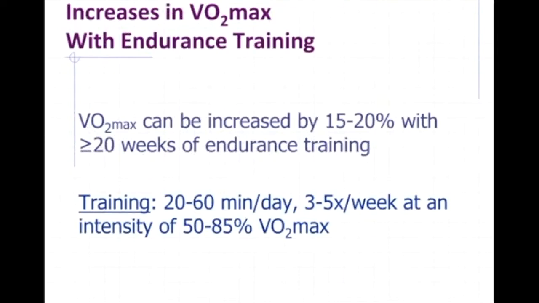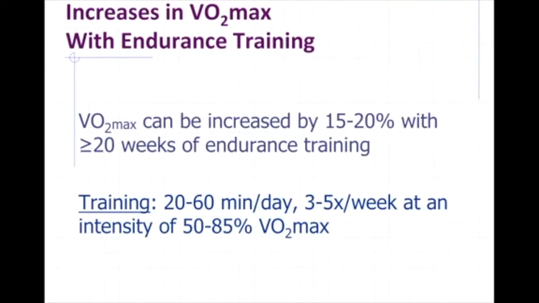We talked about this, and questions came up like, how much can you actually increase your VO2 with exercise? So here are a couple of statistics, gathered together. I wanted to make sure you had this information. VO2 max can be increased by about 15 to 20% with at least 20 weeks of endurance training.